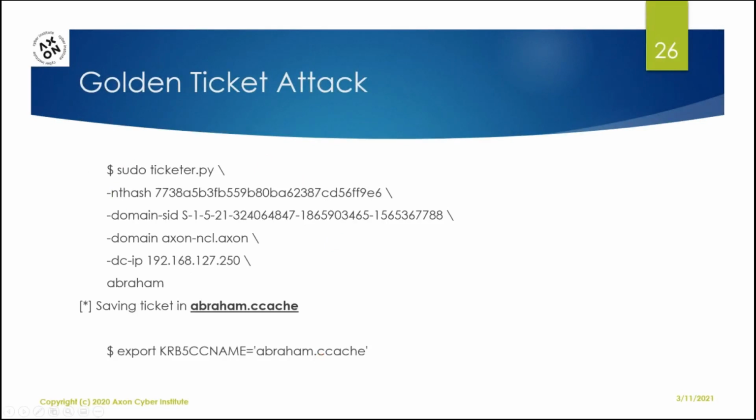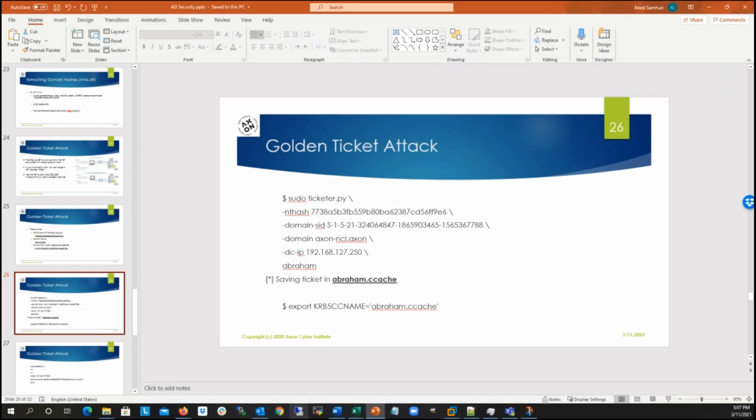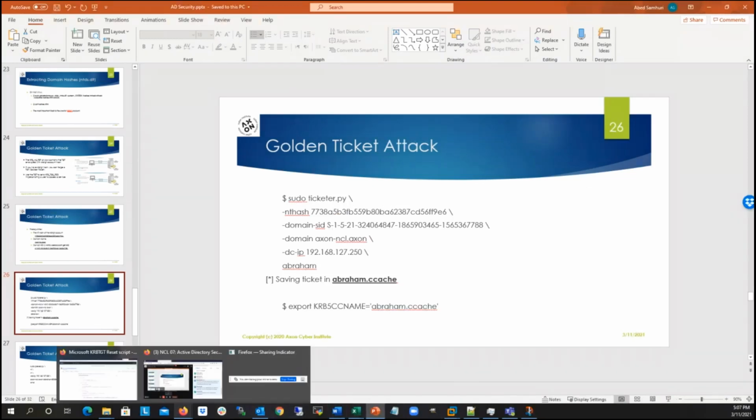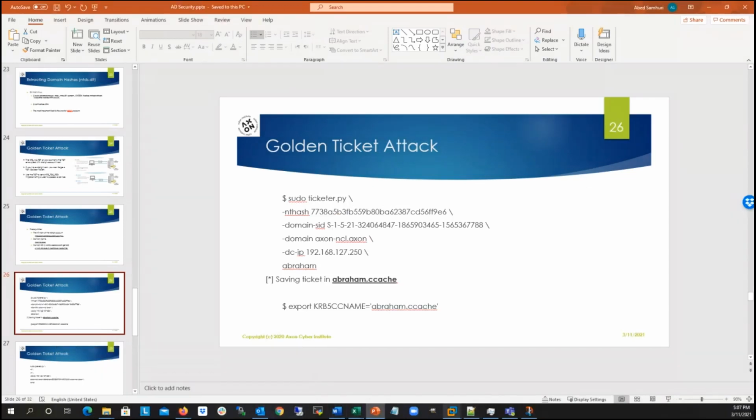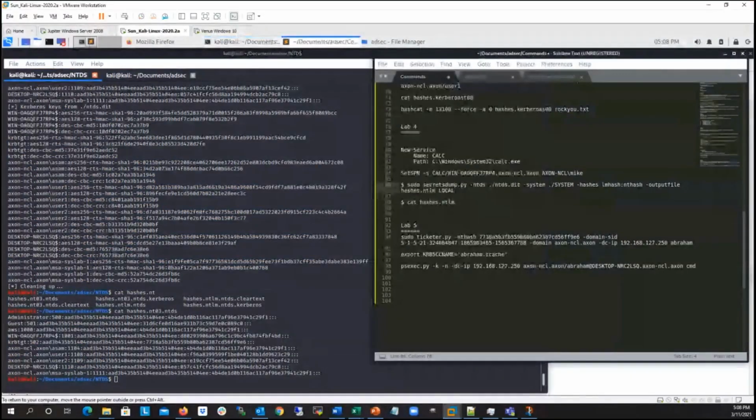We have a tool which is part of the Impacket tool called Ticketer. Ticketer enables me to create either a silver ticket or a golden ticket, and we will use it here to create a golden ticket.